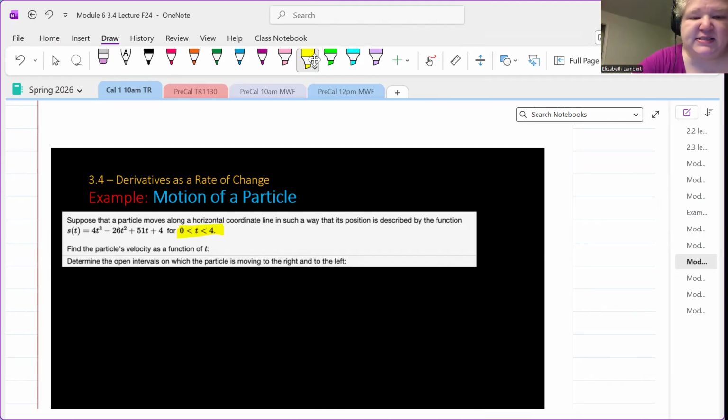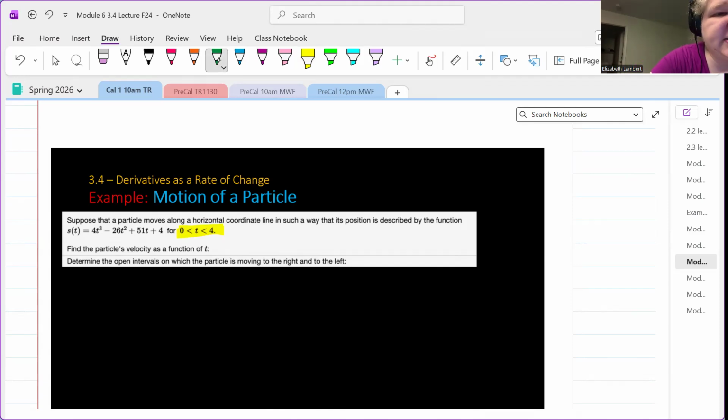Now, in this case, to the right is positive, to the left is negative. So this is really asking us to find a sign chart, or I like to use a number line to really organize this information, because we're actually going to stack the information from this question with the next question. It's all with the same function.